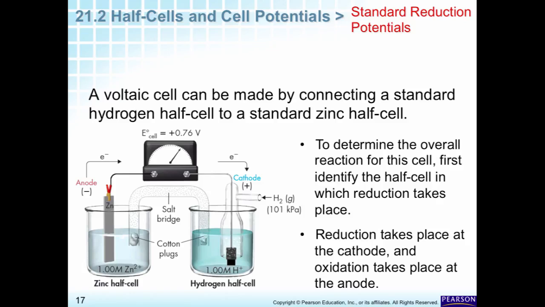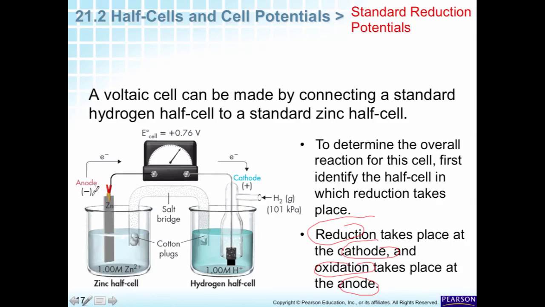So the first thing we have to do is determine what's going on. We know a couple of things from the previous section. We know that reduction takes place at the cathode, and oxidation takes place at the anode.